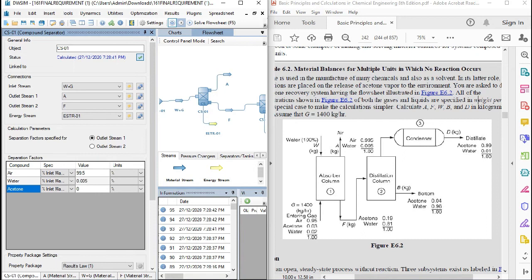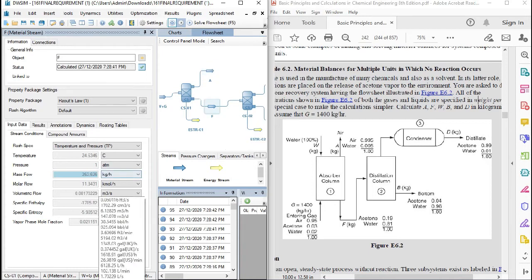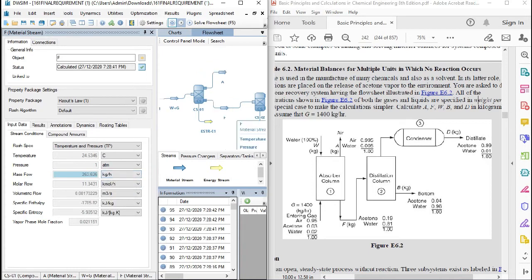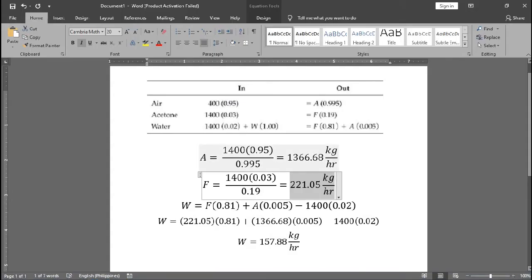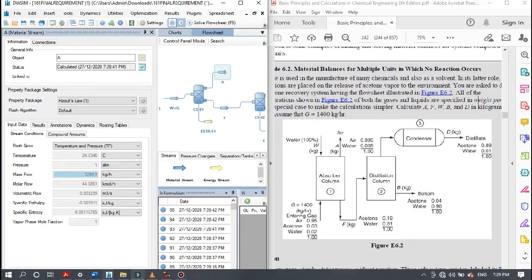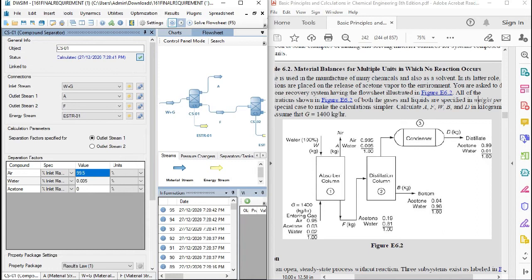We would have a mass flow of 1,294.1 for A and 263.66 kilograms per hour for the F stream. But those are not the values that we are looking for in the A and F streams, and they have a huge difference. That is why we need to proceed to trial and error on this compound separator. Let us say we put values that do not necessarily have to be equal to 1.